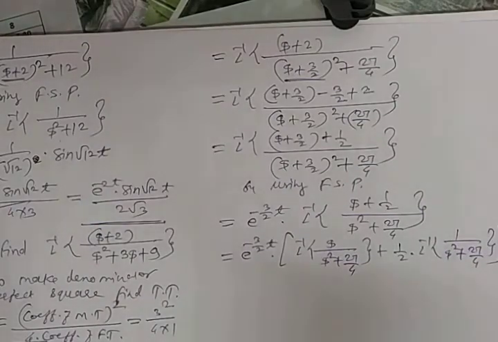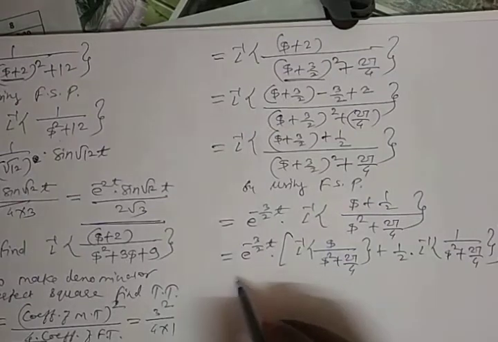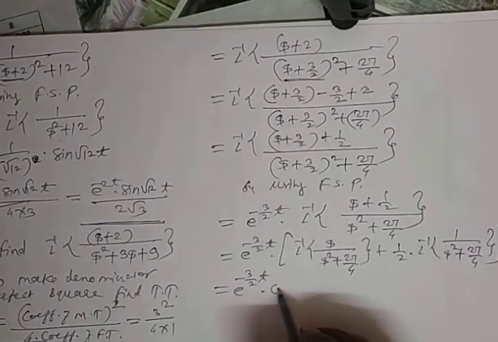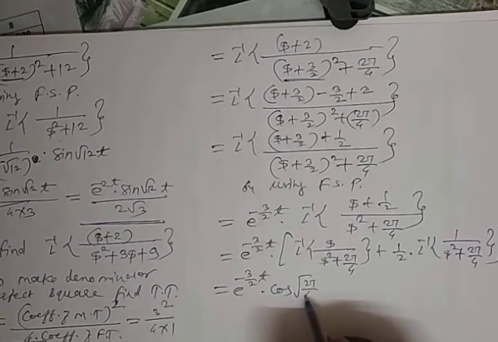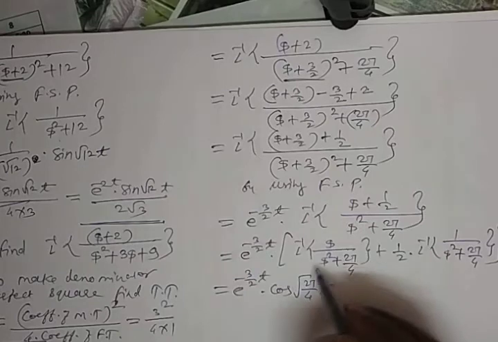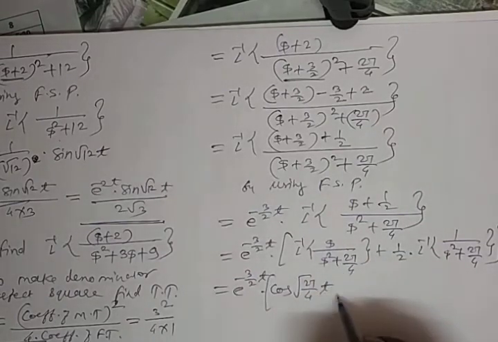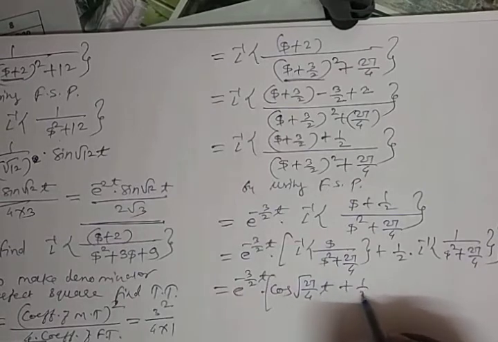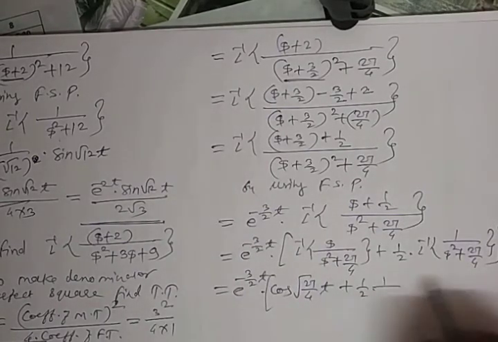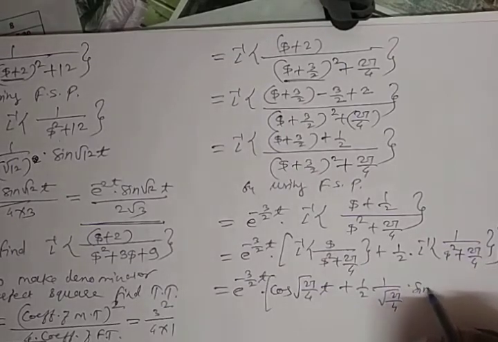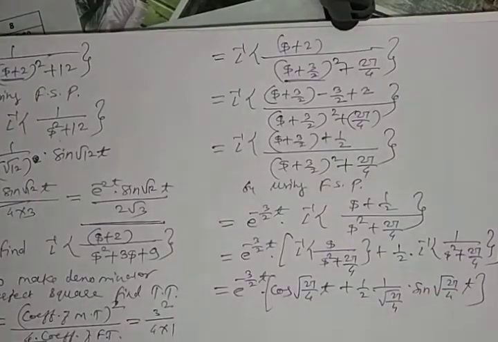Now this can be written as e raised to minus 3 by 2 t, cos of root 27 by 4 t, right? This is the inverse Laplace transform of this function, plus 1 by 2 into 1 divided by root 27 by 4 into sine of root 27 by 4 t, right?